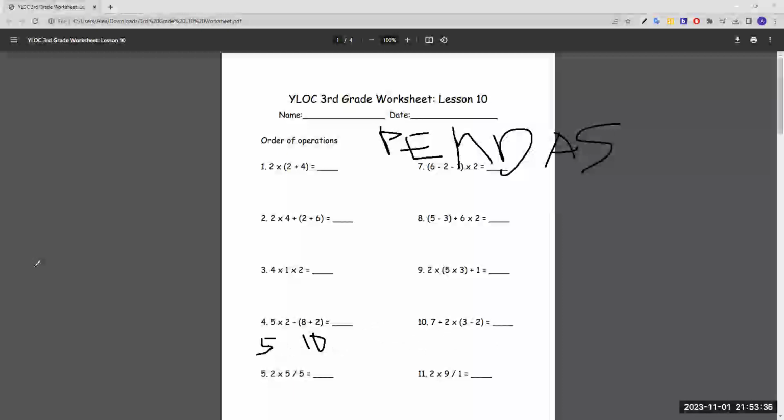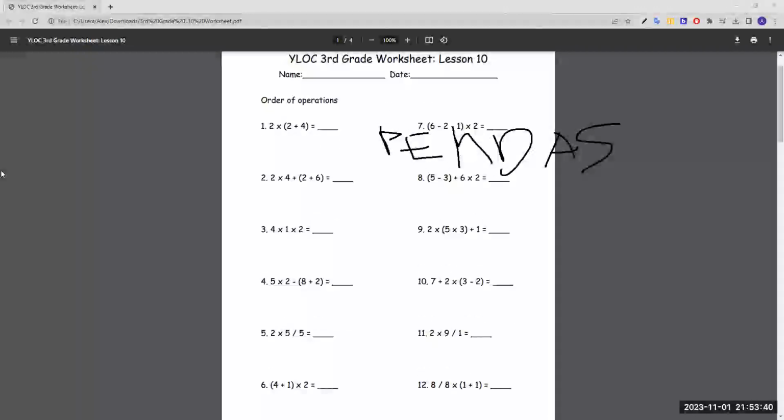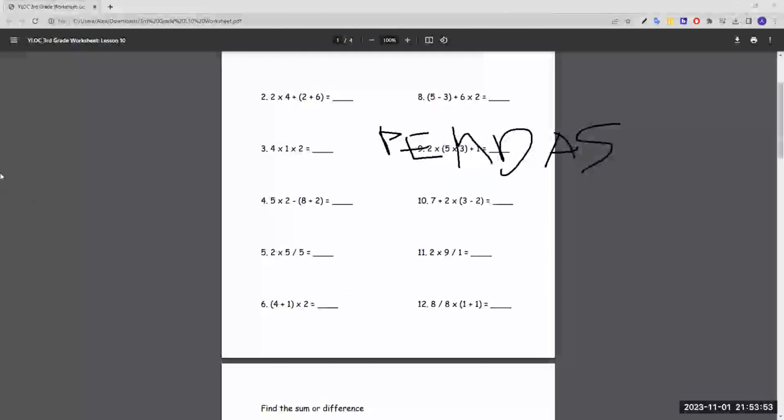Now, number five, 2 times 5 divided by 5. Now, we would do multiplication first, so that'd be 10 divided by 5, and that's just 2. Number six, parentheses 4 plus 1 times 2. Parentheses first, 4 plus 1 is 5 times 2, which is 10.